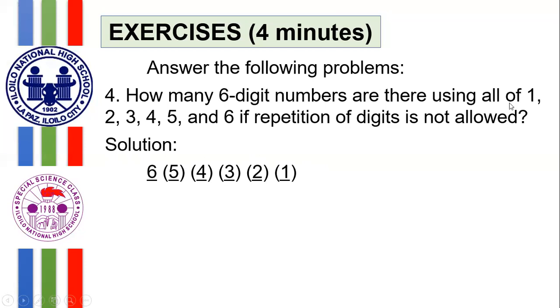Let's say you already placed 1 here. That means 2, 3, 4, 5, and 6. You have 5 options for the 10,000 place, and so on. 4 choices for the thousands, all the way until 1 choice for the 1's digit. That's 6 factorial, which is 720.